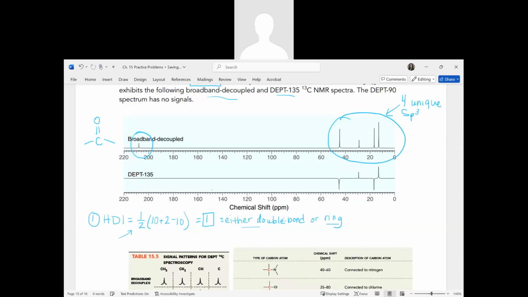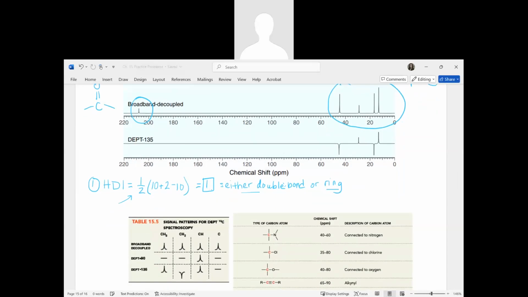And we can then use the DEPT 135 spectrum to further elaborate the structure of these. We see that 2 of the 135 signals are upside down. So if we look at our table down here, if they are upside down, that would indicate a methylene group. So these 2 here would be that of methylene groups.